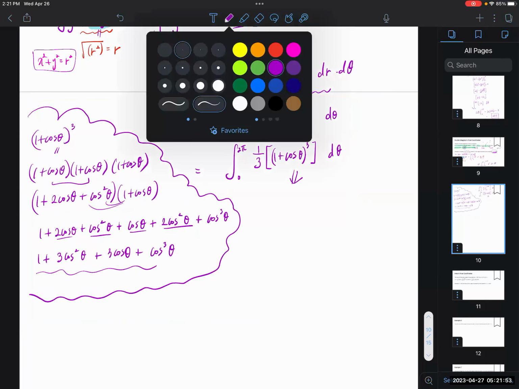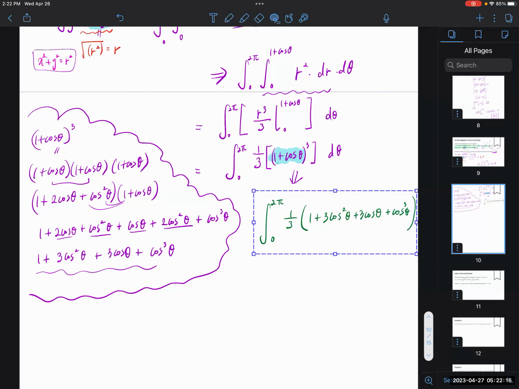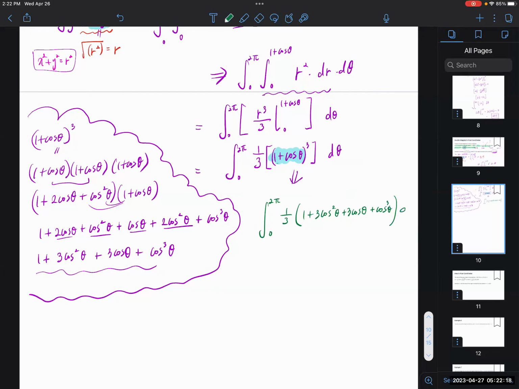So now we have integral 0 to pi, 1 over 3. And this part, we just found out: 1 plus 3 cosine theta, 3 cosine squared theta, cosine cubed theta, and then there's a d theta at the end.